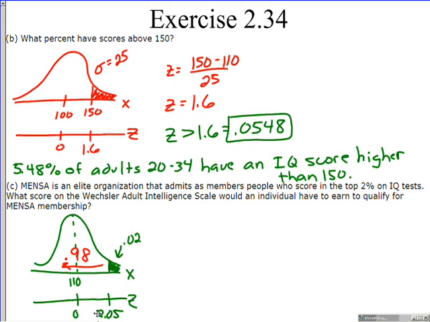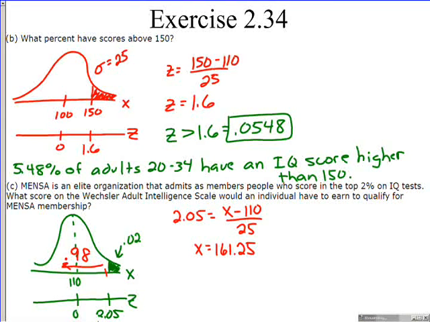And now we can use our z-score formula backwards to find the score that is going to produce that. So using our formula here, z-score 2.05 equals the x value which we're looking for minus the mean divided by the standard deviation. Plug that into your calculator, solve for x. Should get x to be 161.25.